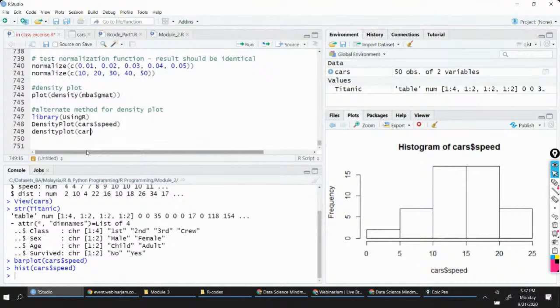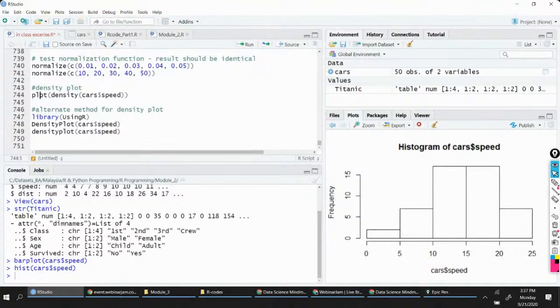Now using this, I'm coming up with a visualization. So this is one way to come up with a visualization of the bell-shaped curve.